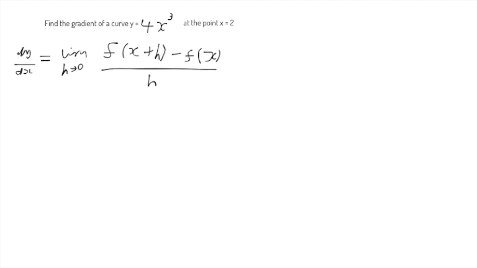We'll substitute in our expression for f of x, in this case 4x cubed. So we'll find the limit as h goes to 0 of 4 times (x plus h) all cubed minus 4x cubed, all divided by h.